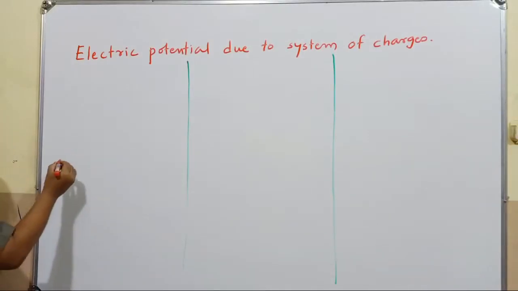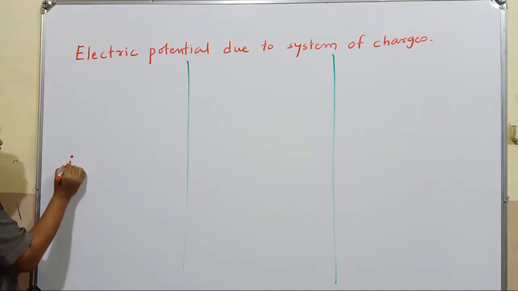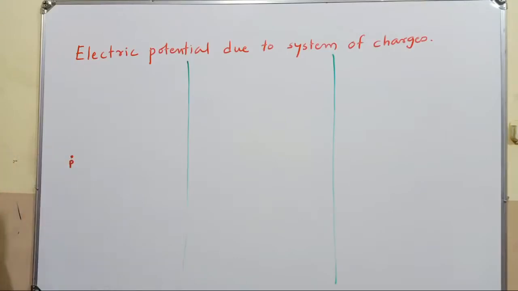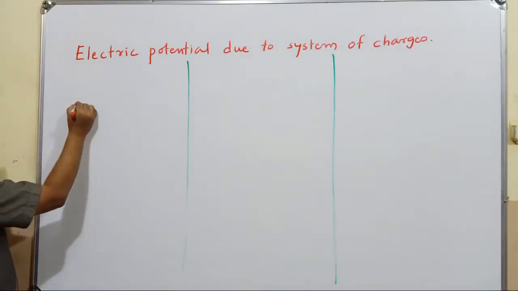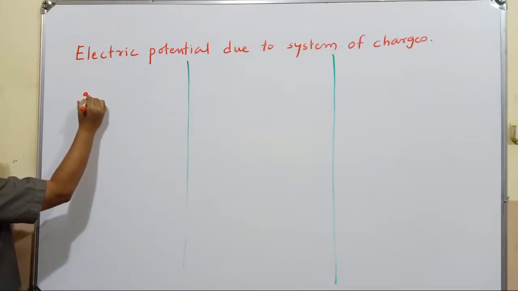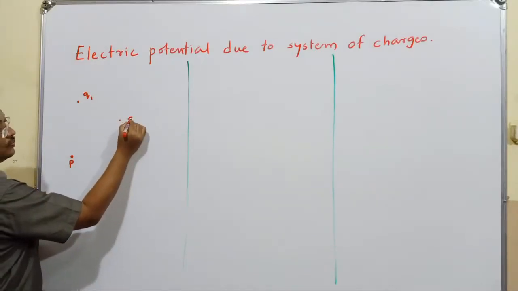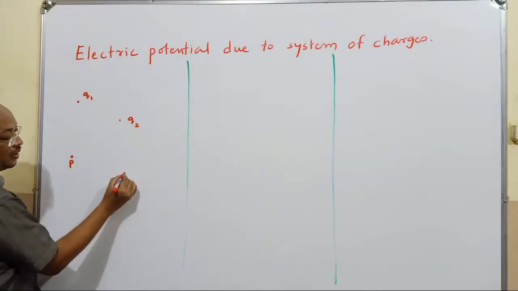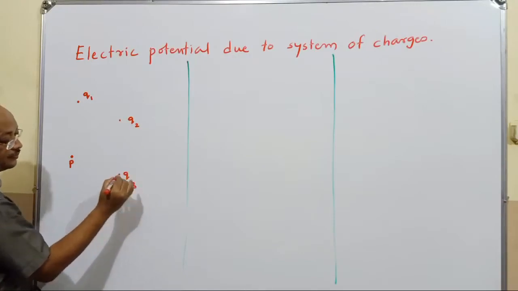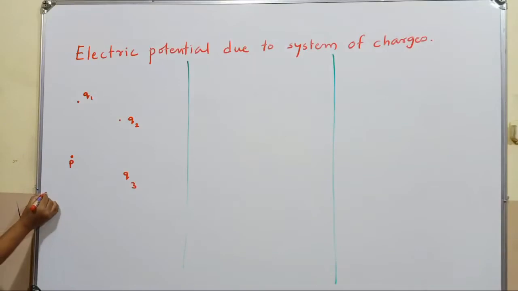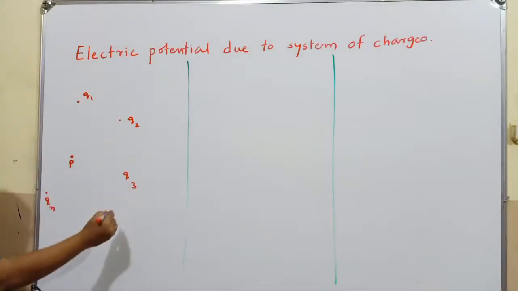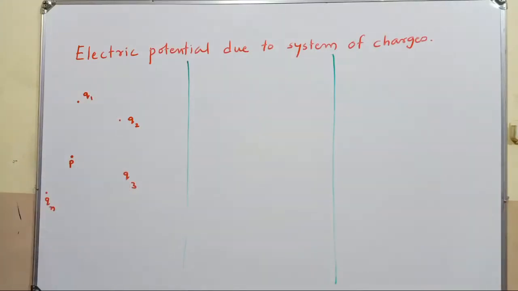So let us consider P is our point where I want to know the electric potential, because of charges Q1, Q2, Q3, and like this, many number of charges are there, so Qn.